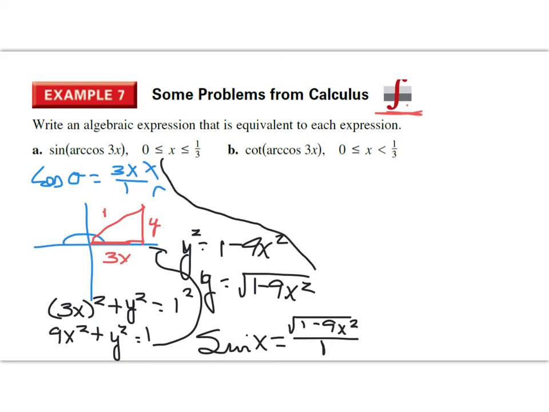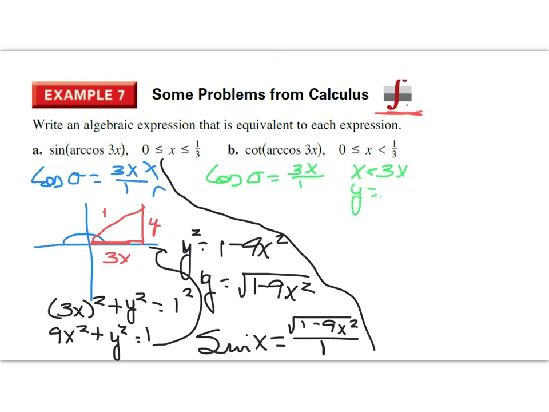Okay, let's do the next problem, and we'll do the next problem in green. Why not? So here we've got that the cosine of some angle is equal to 3x over 1. And this time we're going to want to do the cotangent. Well, we've already figured out what the x is and what the y is. So we know that x is equal to 3x.